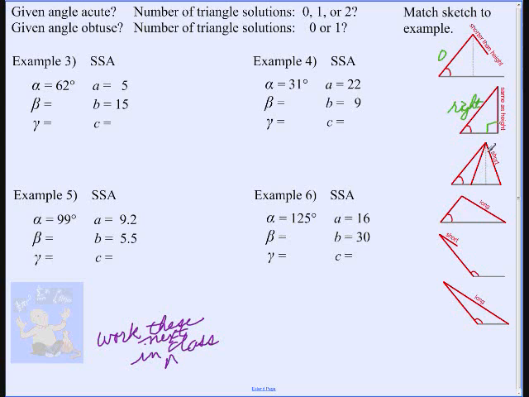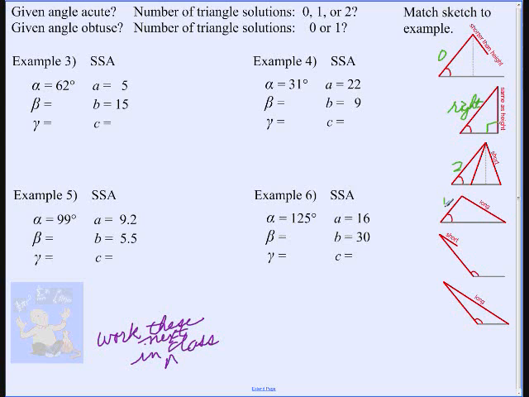With this one, of the two given sides, this one is longer than the height, but it's shorter than the other given. In this case, we have two triangles. Same situation, this side is longer than the height, but it is also longer than the other given side.